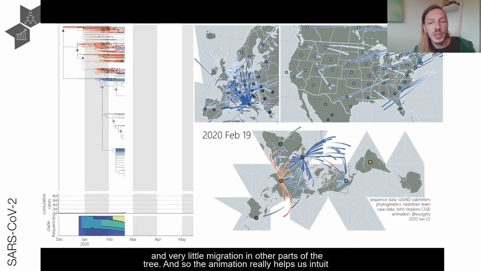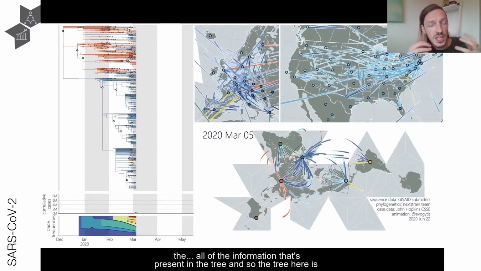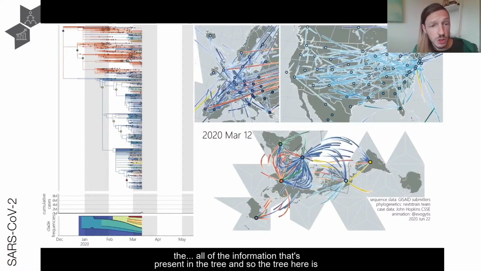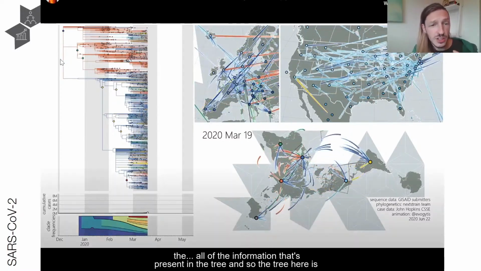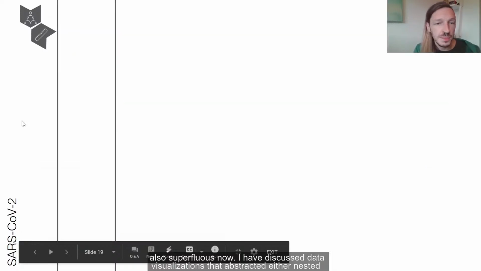And so the animation really helps us intuit all of the information that's present in the tree. And so the tree here is also superfluous.